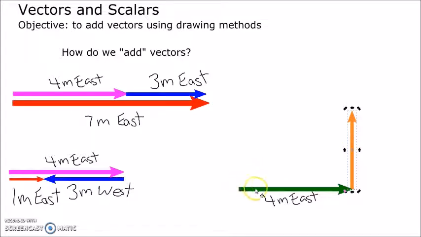We start here, walk along this line, and turn and walk 3 meters to the north. Hopefully it's clear that you can't just take 4 meters plus 3 meters, because the distance between the start and the end is not going to be 7. And I hope it's also clear that we can't subtract them, like we did in the second example.